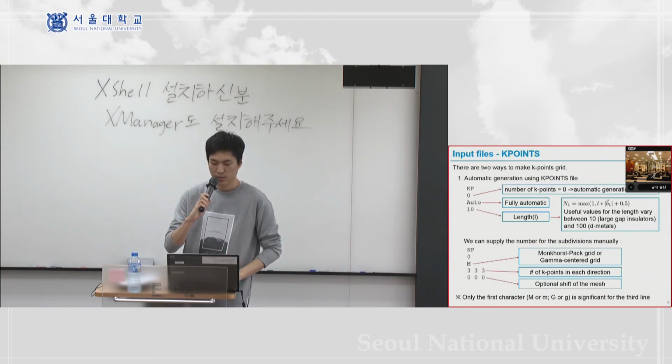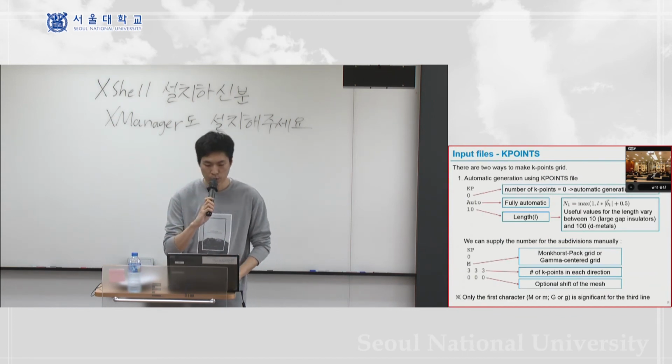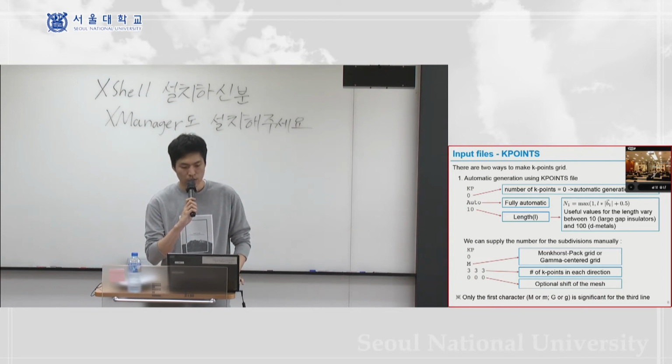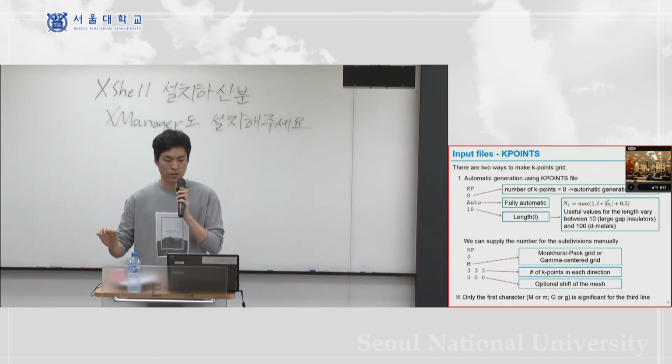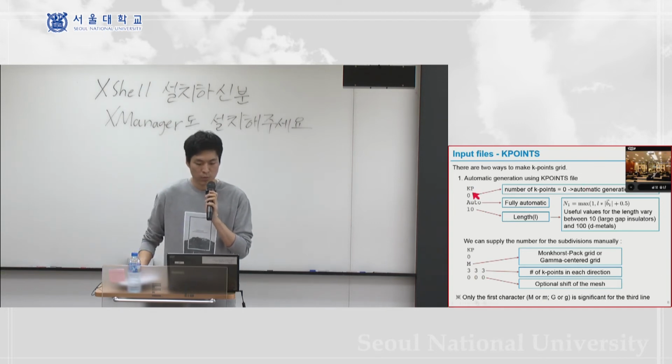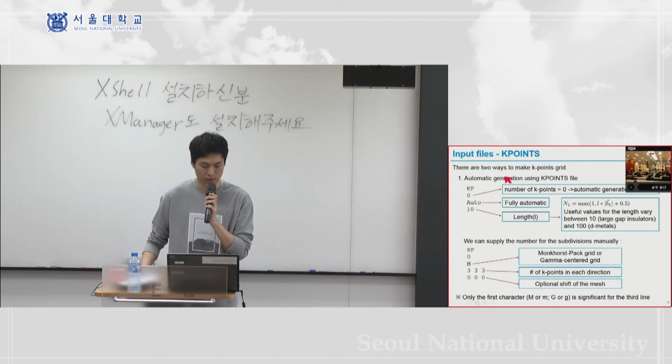Then next we need a KPOINTS file. The KPOINTS file specifies how you are sampling the first Brillouin zone. We can use two ways. The first one is automatic generation using the KPOINTS file.